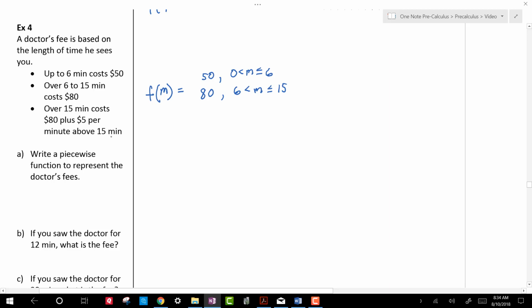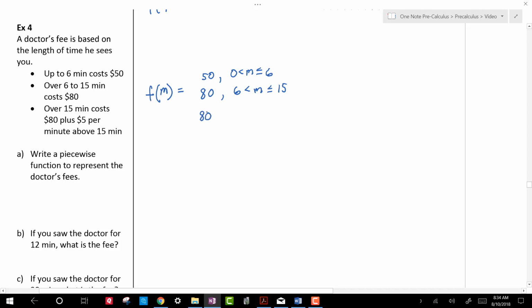Let's see here. How would we write this? This is going to be an interesting one, because I'm just trying to think if I can do this without doing anything special here, because our minutes go above 15 minutes. All right, so I need to start off with the 80.